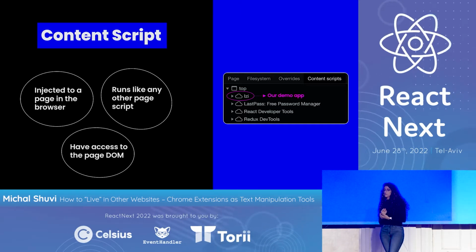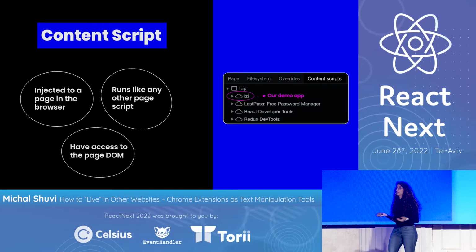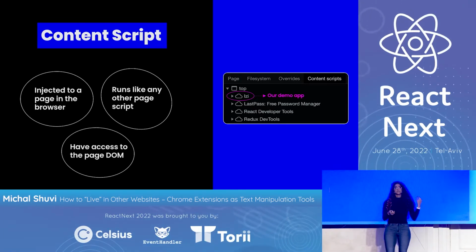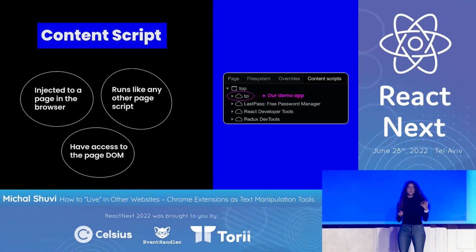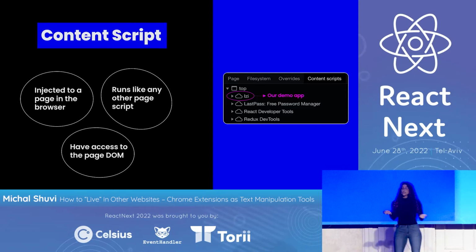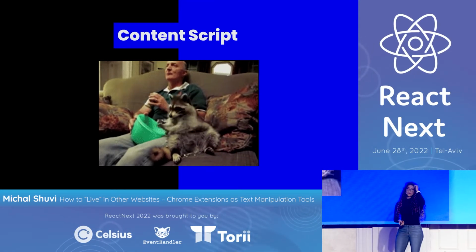And of course, that script could also be a React app. Why not? So how powerful is that? You can actually have your app on any other website, everywhere. It's crazy. And that's also our couch surfer, if we remember him from the last talk.